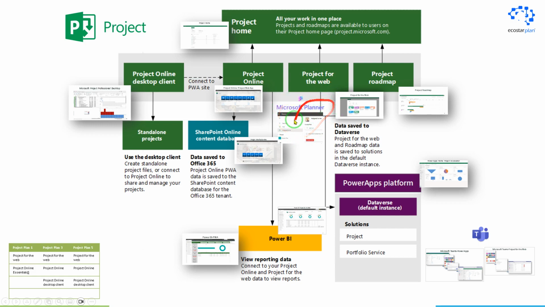Now, coming to Planner, what Planner is expected to do is to, as mentioned, collect all the tasks and have a simplified view with all the tasks that are assigned to the individual users according to Project for the Web allocations, for example. Then project roadmap, we haven't discussed that.